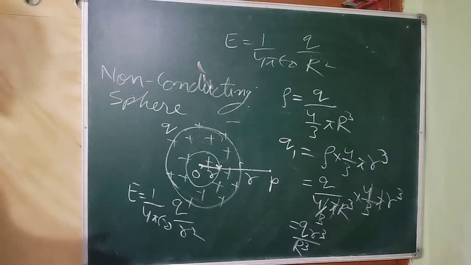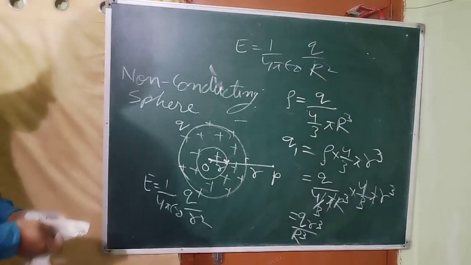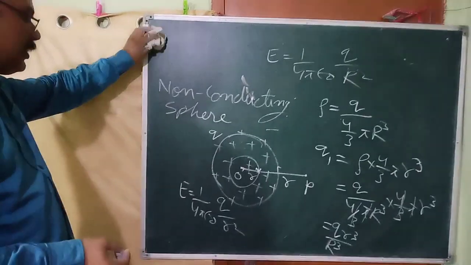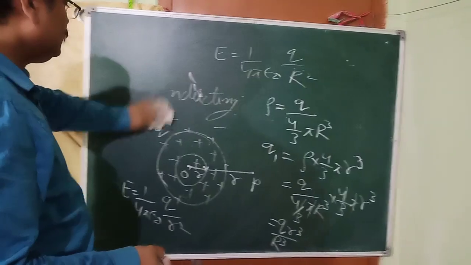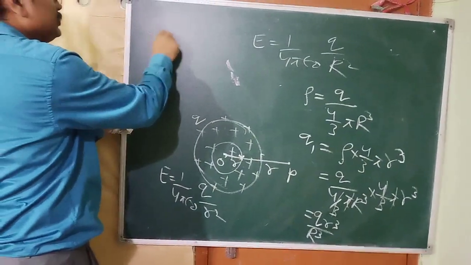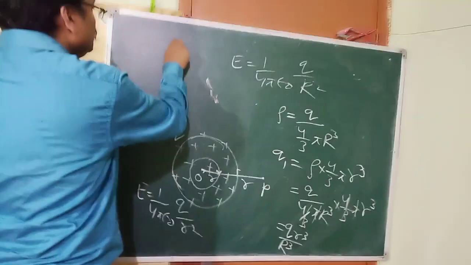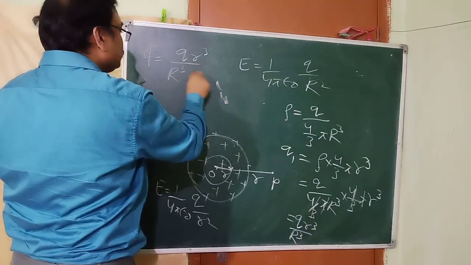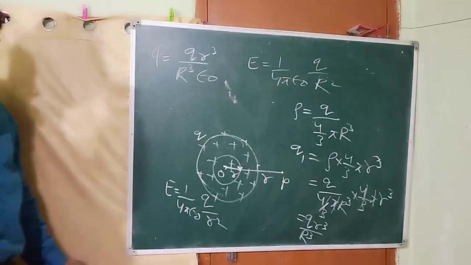So we can use the Gauss law to find the flux, because we got the total charge. So flux will be how much according to Gauss law? Flux will be Q small r cube upon capital R cube epsilon naught. This is equation number 1.